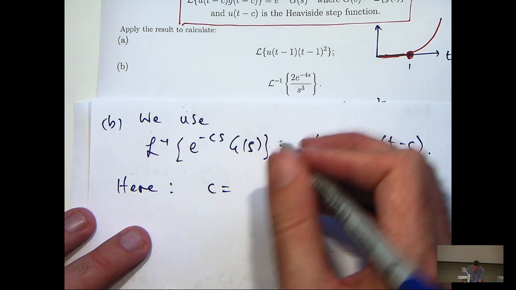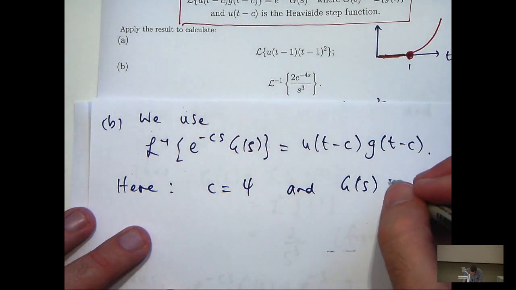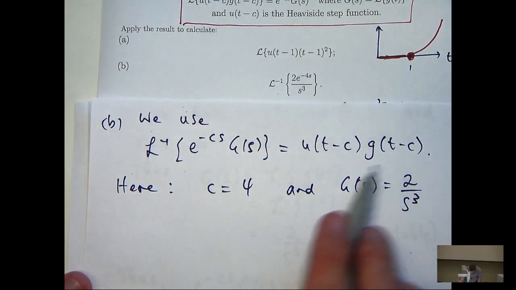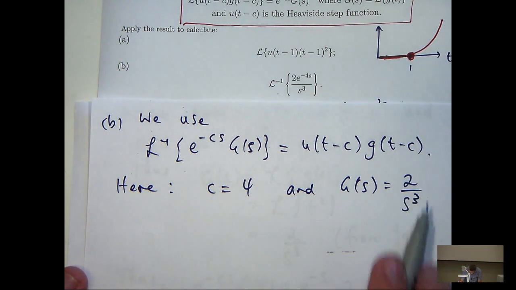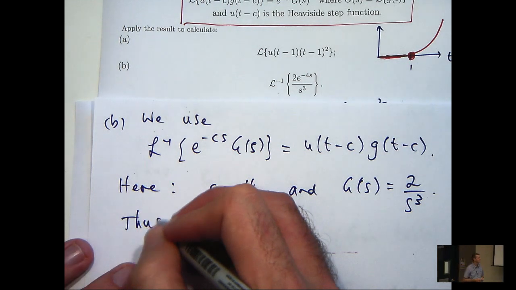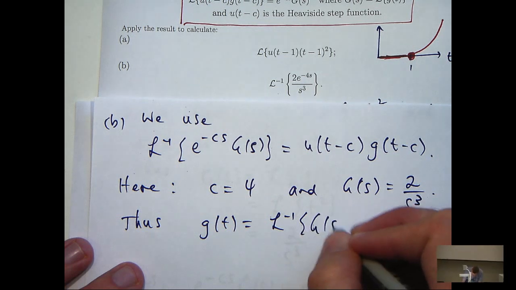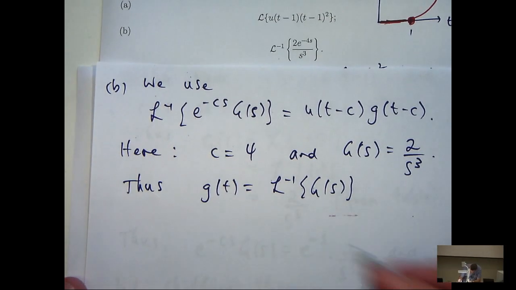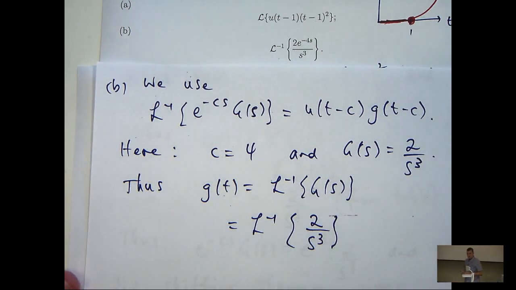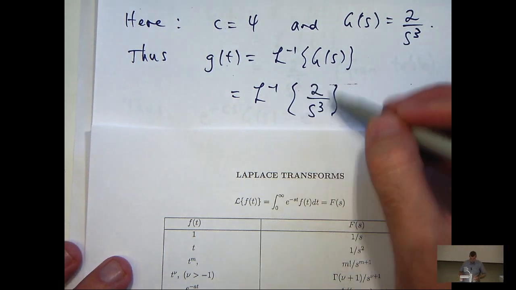So C will equal 4 and big G of S will equal 2 on S cubed. So what we would like to do is get little g of t by transforming this, and then we shift. So if we look back to our table, we want the inverse Laplace transform of 2 on S cubed.